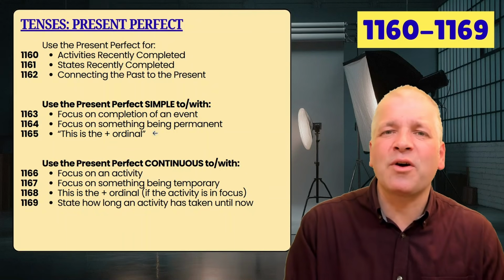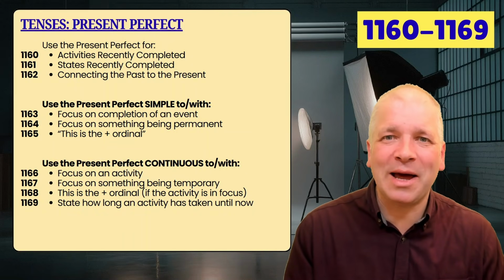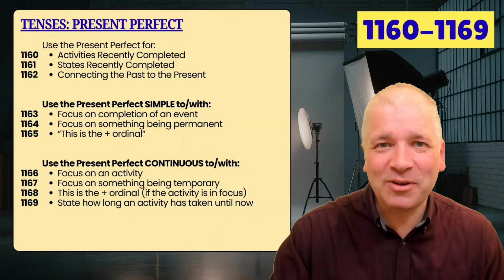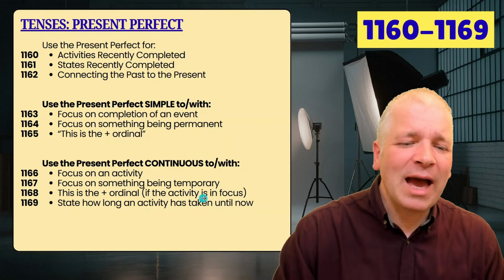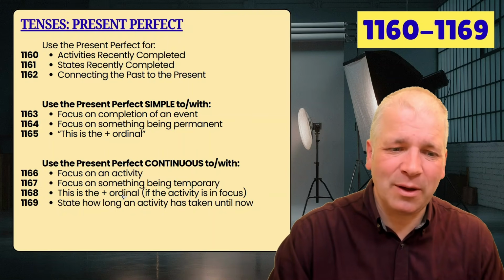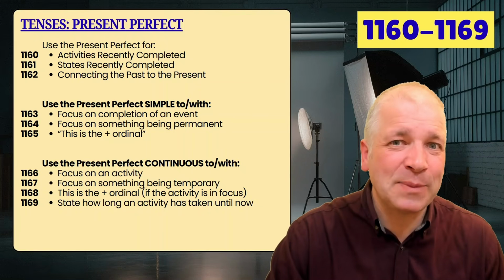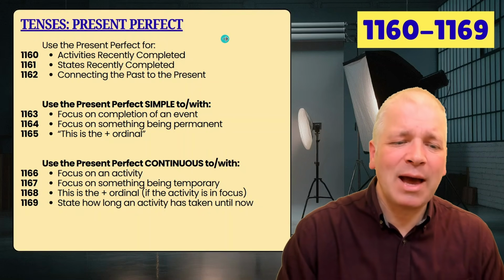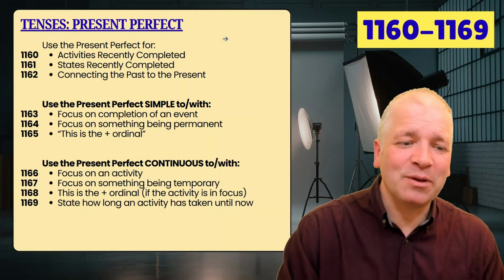This is the first time I have written such a long video and spoken so quickly in it. Most of my other videos I explain in more depth. If the activity is in focus, then we could use the continuous instead, though. This is the first time I have been speaking so quickly. And if you state how long an activity has taken until now, use the present perfect continuous.